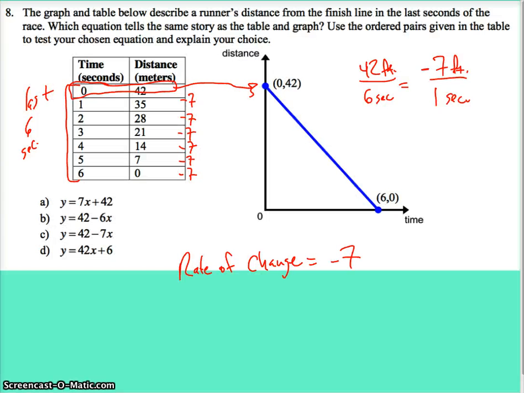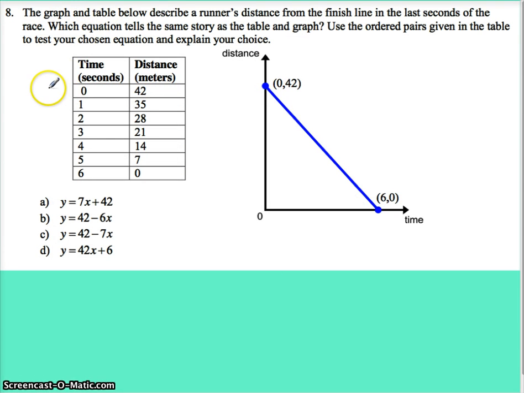Let's look at this situation. The graph and the table describe a runner's distance from the finish line in the last seconds of a race. Which equation matches the table and the graph? Well, let's start here. When we start this countdown, he's 42 feet from it. And that's where this point is right here.